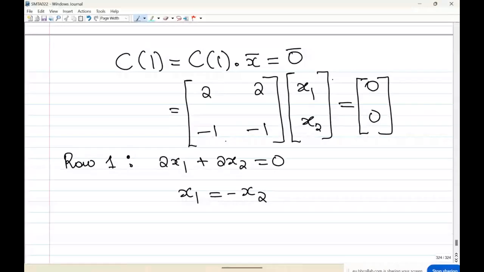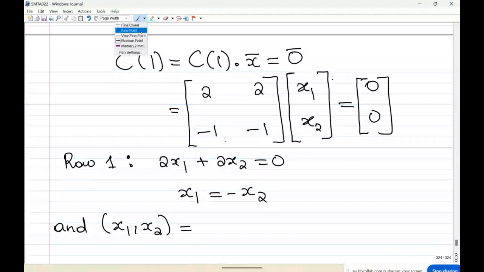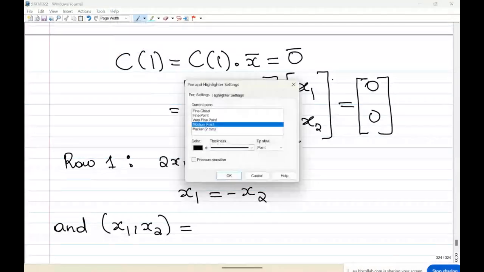Then from this, can I get yes from you that if now we say x1 and then x2, we want to write everything in terms of x2. What is x1? Okay, fine. What about on row 2? Even on row 2, you can still check.